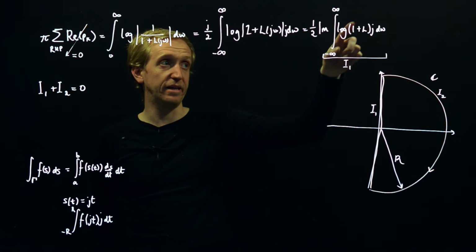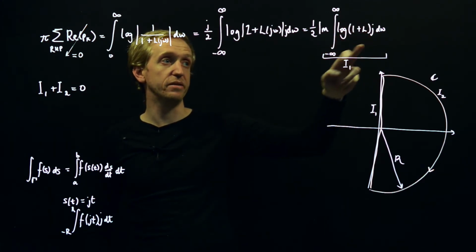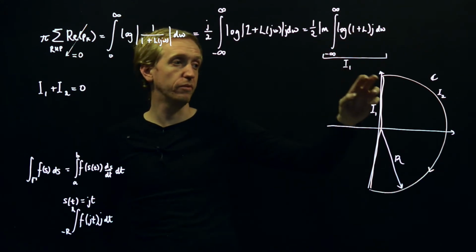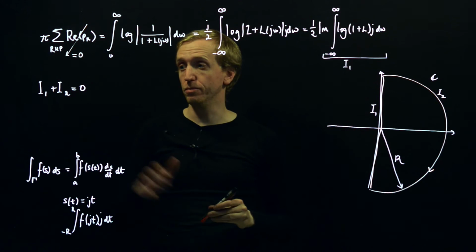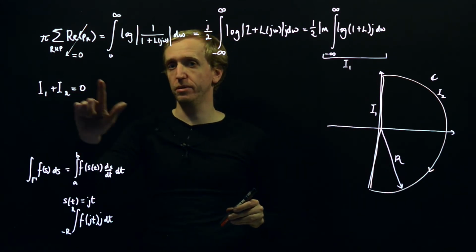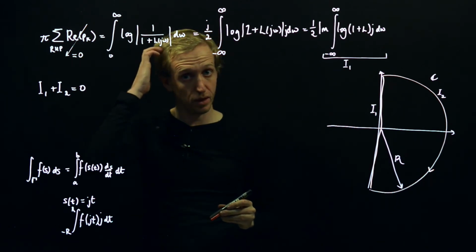Then this thing here has got no right half-plane poles or zeros, and actually that means that the log function will be analytic in our region here. So we've established this. All that remains is to find the integral I2.